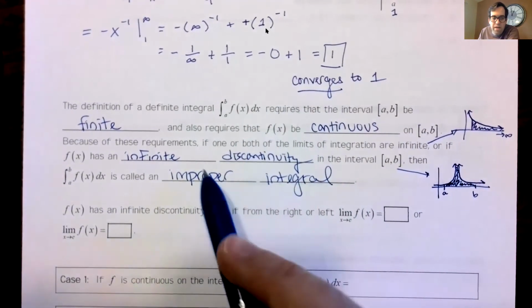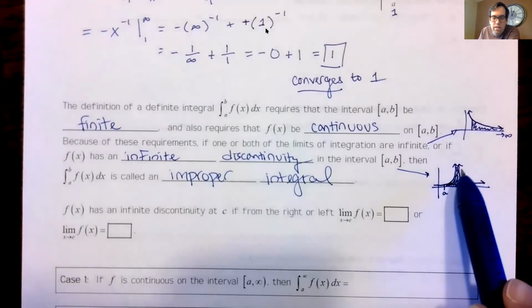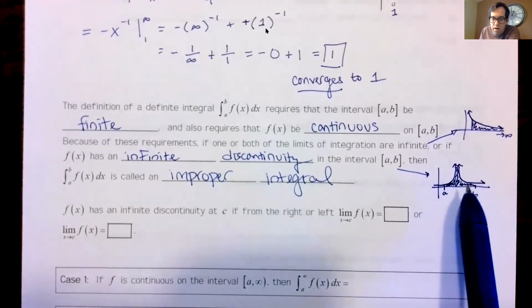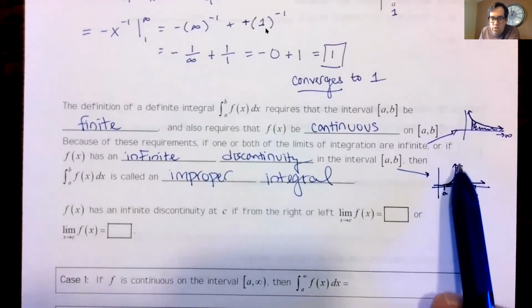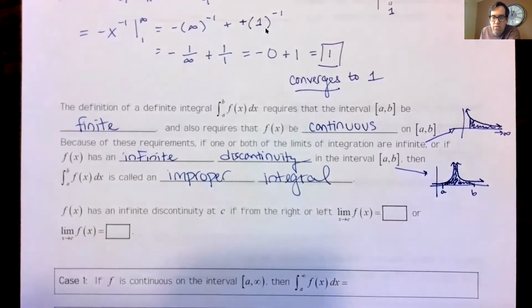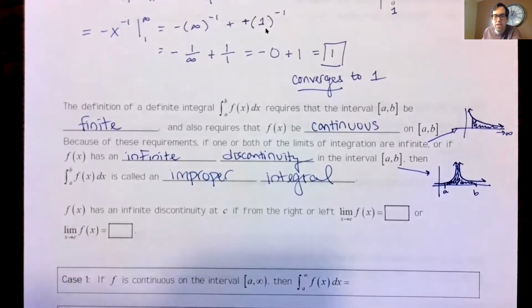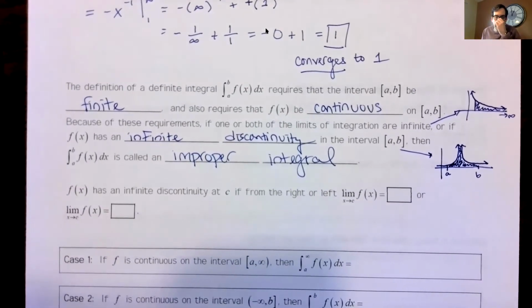So that would be an infinite discontinuity. Again, that's causing an improper integral because now our area is messed up by the fact that, right in the middle, we got infinity going on, right? So those are the two possible ways that we have an improper integral.